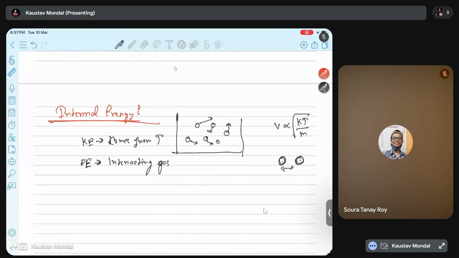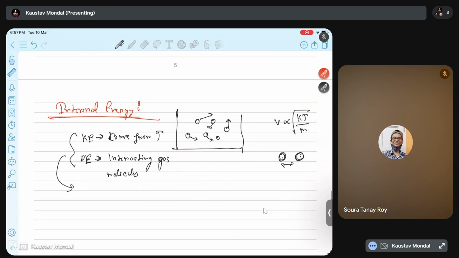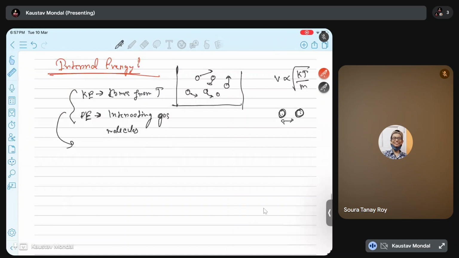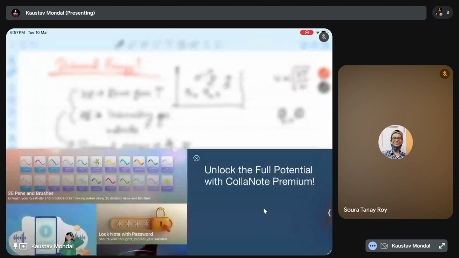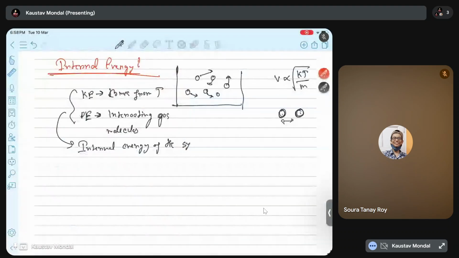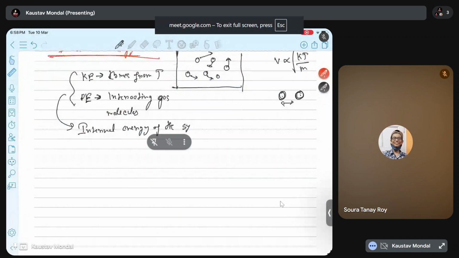These two, kinetic and potential energy, give the internal energy of the system, which is the total energy.